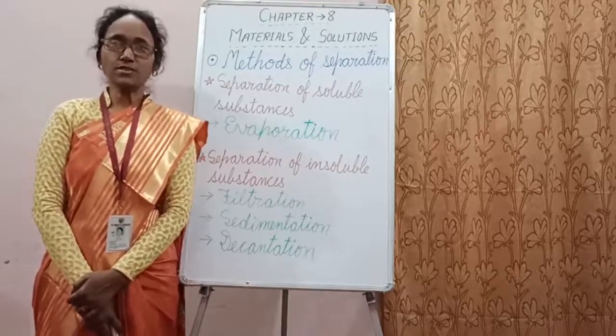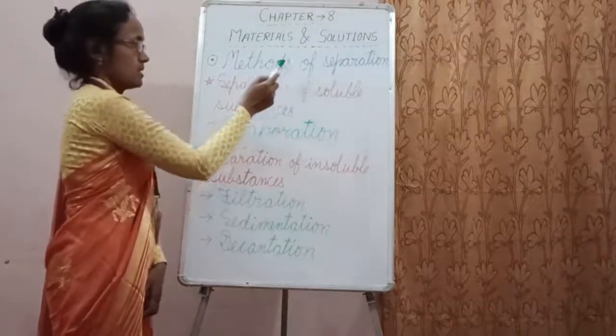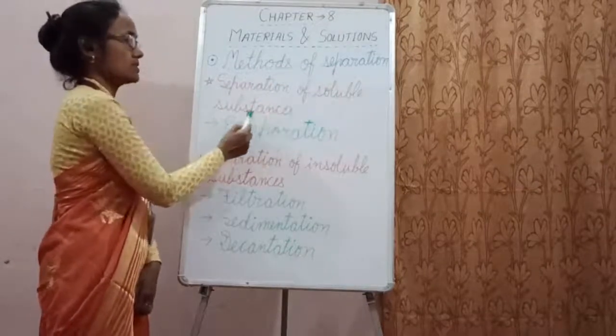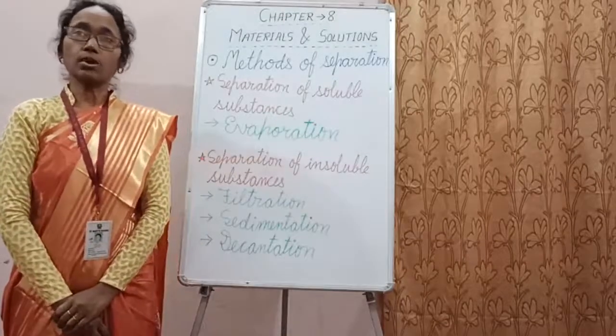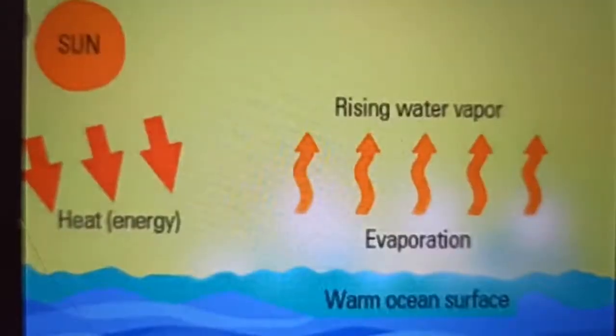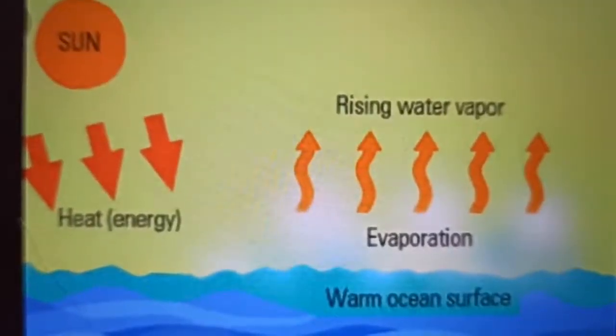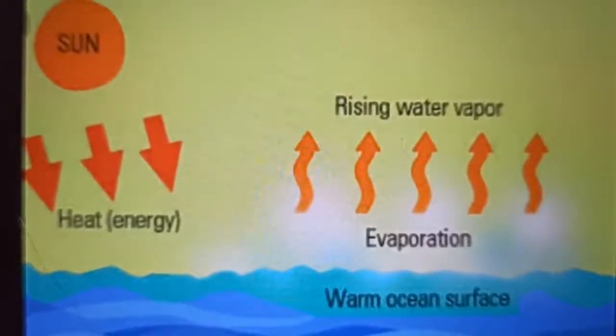Today we have to start with methods of separation. Separation of soluble substances. It can be done by the process of evaporation. Evaporation is a process by which soluble substances can be separated out from a solution.